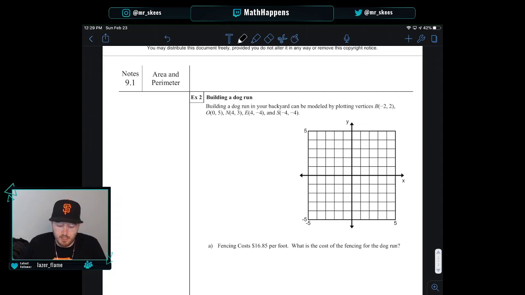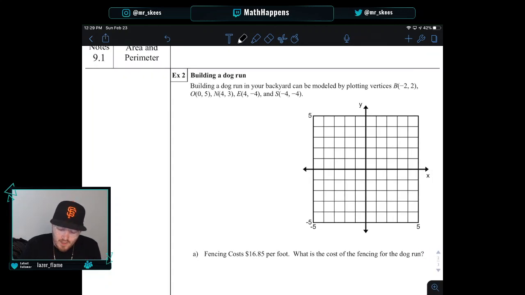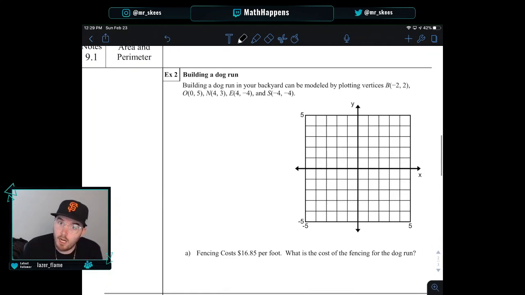Here is a dog run or a dog pen, right? If you were to make a fence for your dog in your backyard or something like that, we can start to calculate the dimensions and the cost, as you'll see here in a second. So building a dog run in the backyard can be modeled by plotting the vertices.